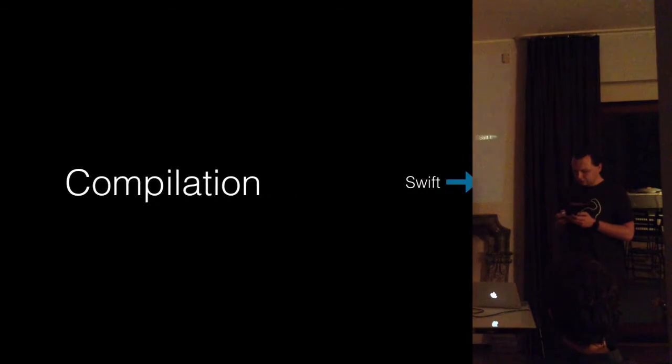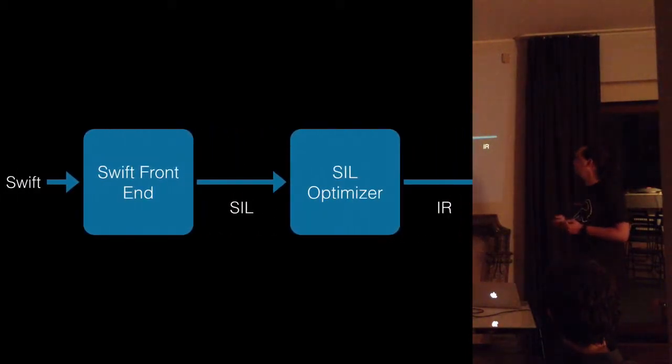So the next thing we talk about is Swift compilation. How does it work? It consists of several phases. The first phase is when the Swift frontend takes Swift and translates it to the high-level platform agnostic Swift intermediate language, SIL for short.